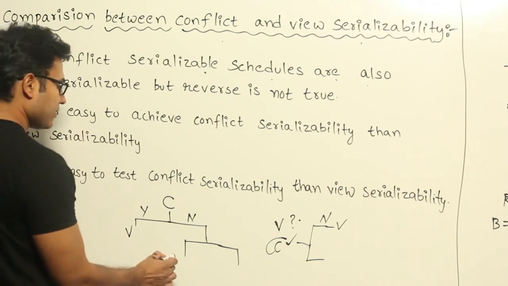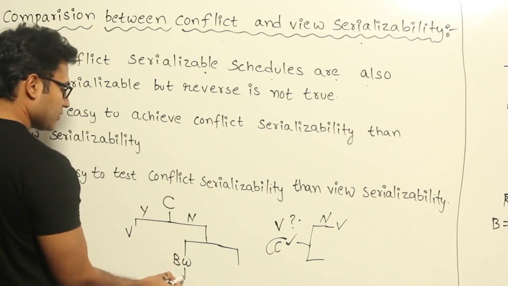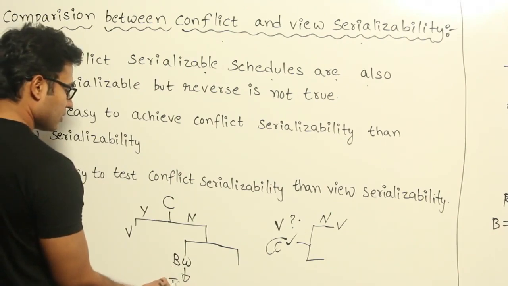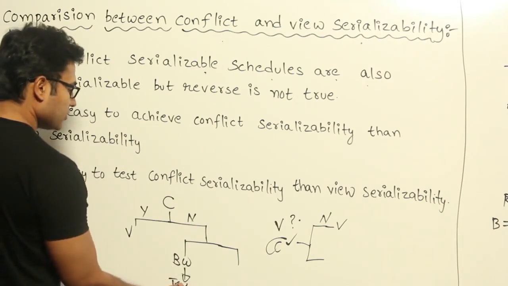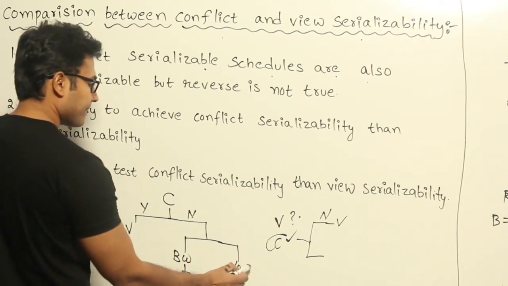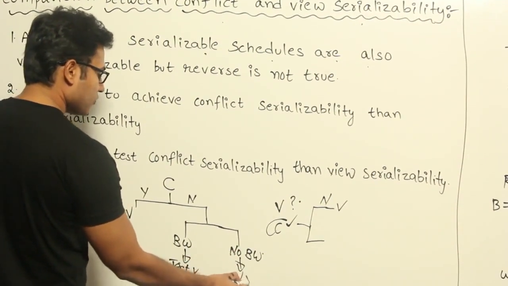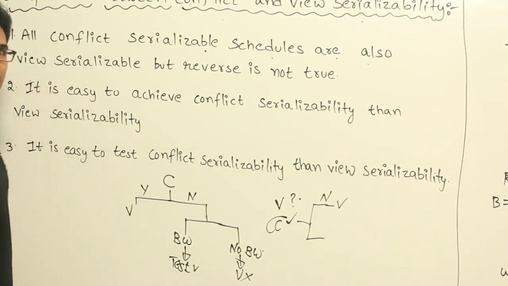Now if there is a blind write, then we test for view serializable. If there is no blind write, then we can directly say that it is not view serializable. Are you getting this?